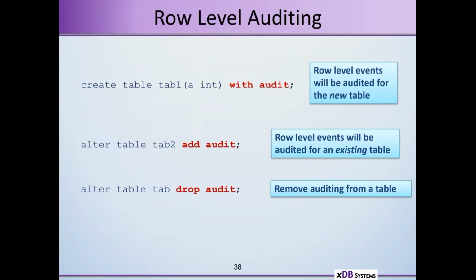So you can either create the table and add the keywords WITH AUDIT, or if it's an existing table, you can add auditing to the table. So this just says for tab 2, I want to make sure that I capture the insert row and update row, read row, all of that kind of stuff.